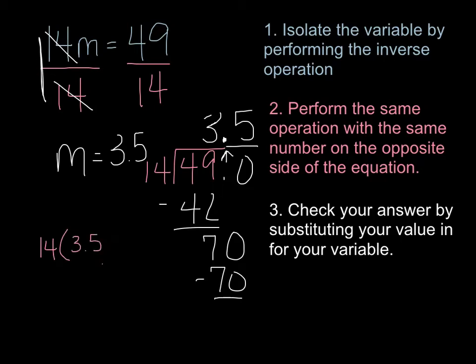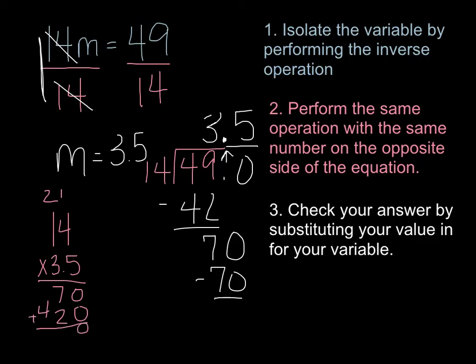And actually, let's go ahead and write that vertically so we can solve it. 14 times 3.5. 4 times 5 is 20. 5 times 1 is 5, plus 2 is 7. Bring down our 0. 3 times 4 is 12. And 3 times 1 is 3, plus 1 is 4.